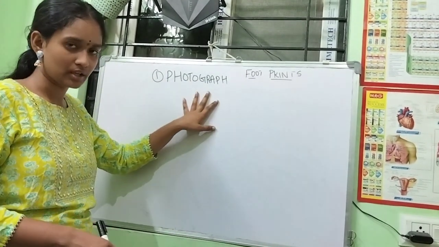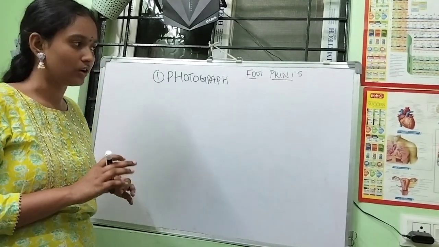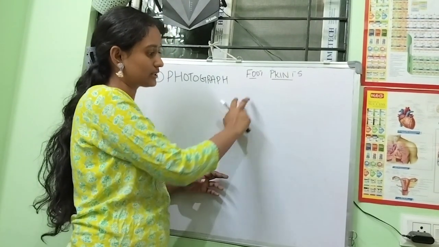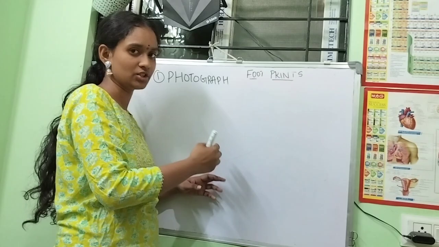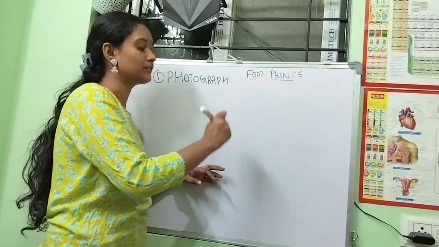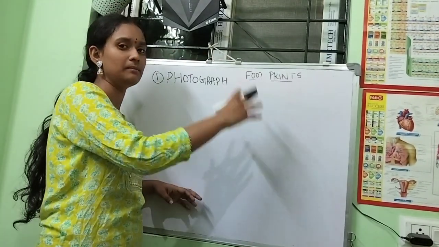Now I'm going to say how you have to take the photograph of a footprint. First of all, if you have a footprint here, the outside surfaces on all four sides should be clear without any dirt particles. You have to remove them very carefully and take a clear image of that.